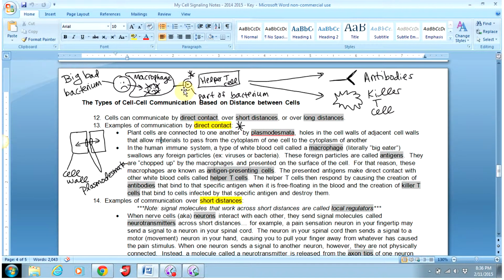One of my students back in the day likened this to a soldier killing an intruder and presenting its head on a pike to show others that, hey, this is the bad guy, you got to kill these guys.